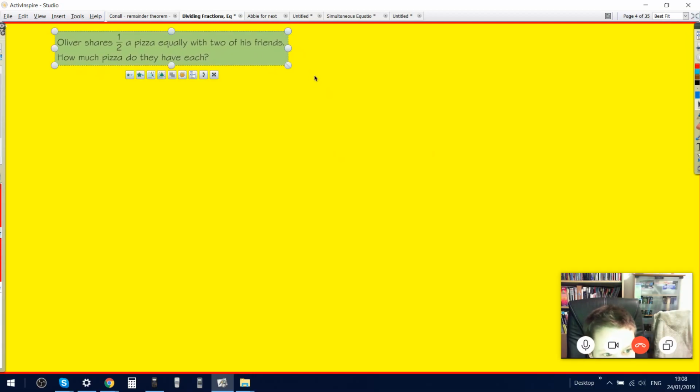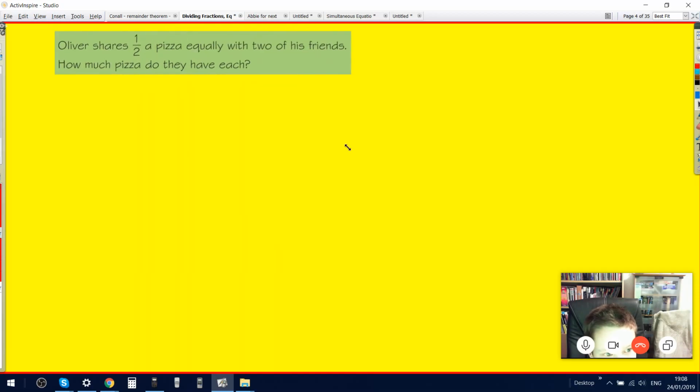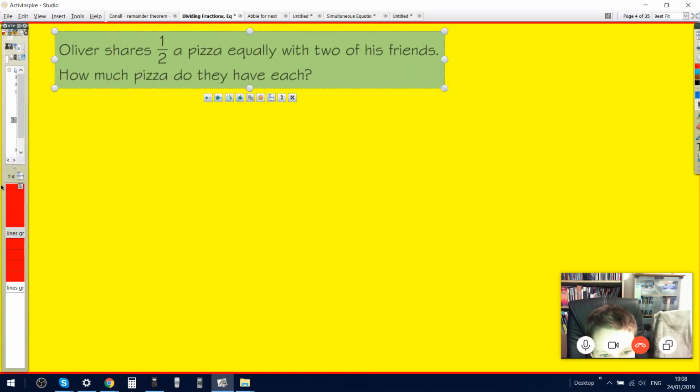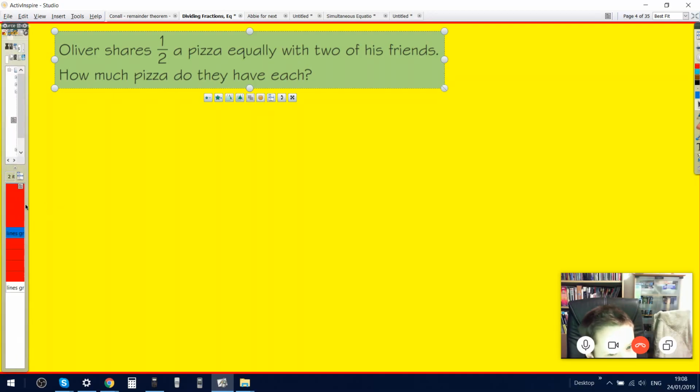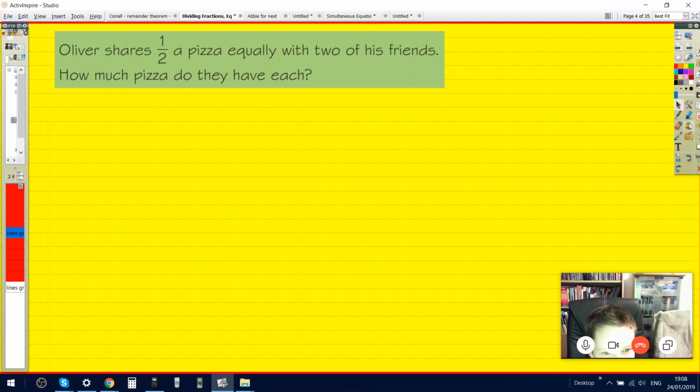Okay. Any idea about this tricky one? Oliver shares 1/2 of a pizza equally with 2 of his friends. How much pizza do they have each?